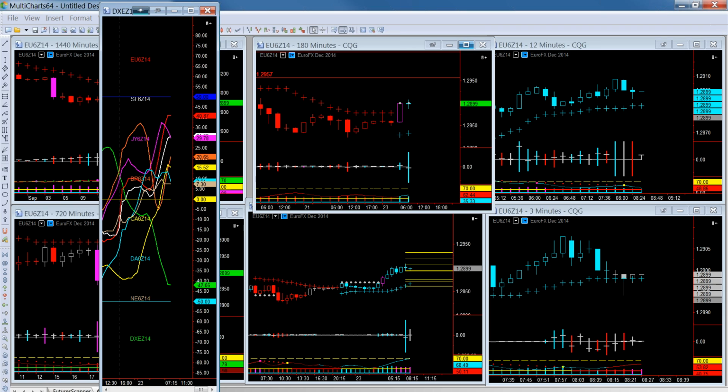14 is not a key number. I don't think anything's a key number. Some people will go in there and use a 14-period moving average. In fact, in volume, they do it quite frequently. But because they're using a moving average in the volume, they're actually lagging in the volume. I don't use a moving average in my volume.